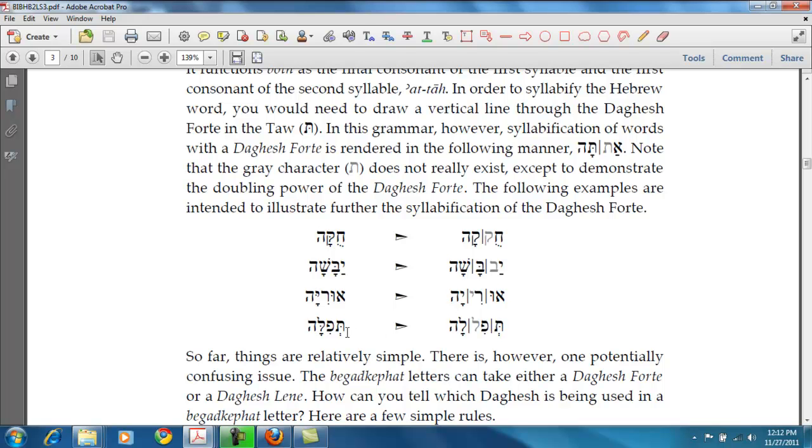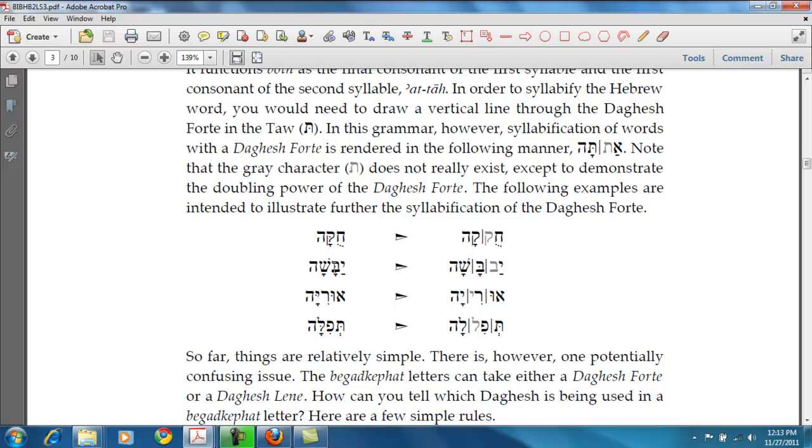Next we have tefillah, and you've got the dagesh forte in this lamed. Remember, this lamed is not a begadkefat letter, so it's going to be double. The yod is non-begadkefat, that doubles.